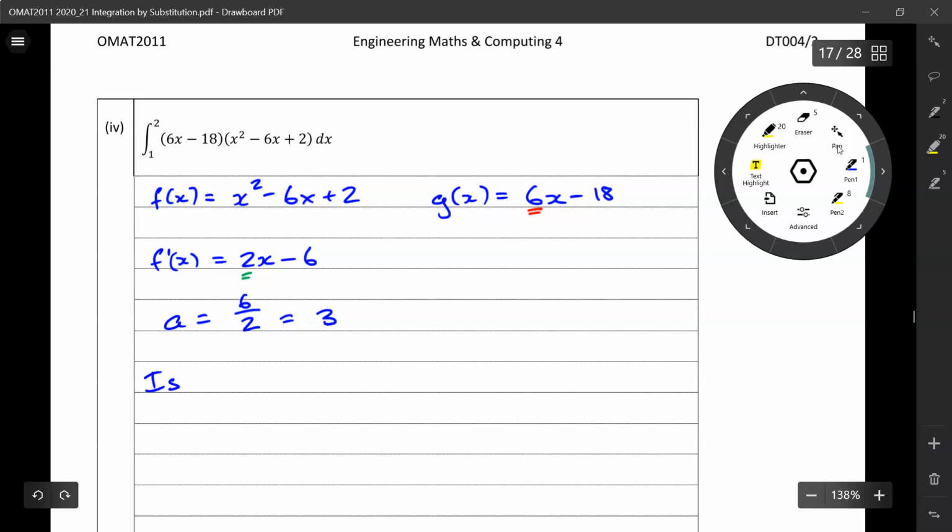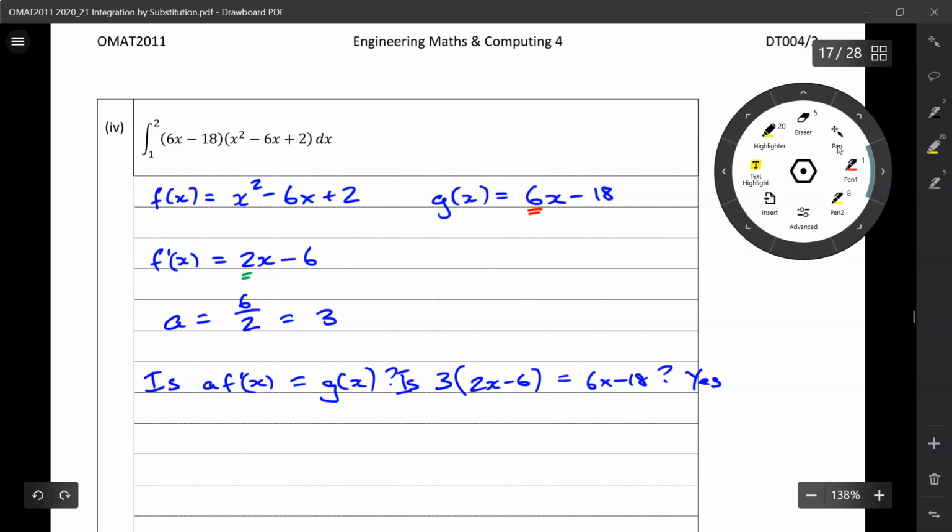So the question is, is a times the first derivative of f at x equal to the other function in the product, g of x? So the question is, is 3 times 2x minus 6 equal to 6x minus 18? And the answer is yes.